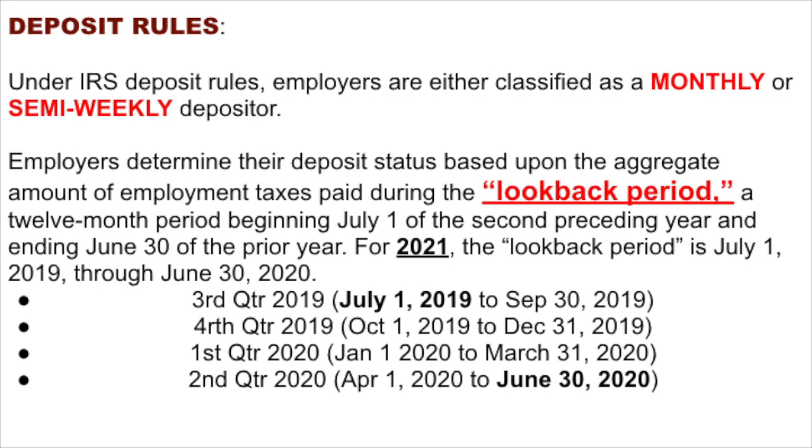So for 2021, the look-back period is July 1, 2019 through June 30th, 2020. So when we are looking for the look-back period for 2021, we will actually look at the two preceding years. The look-back period will start from the third quarter of 2019 and it will end in the second quarter of 2020.